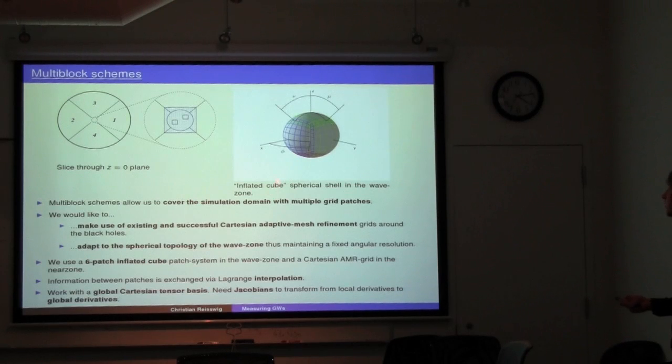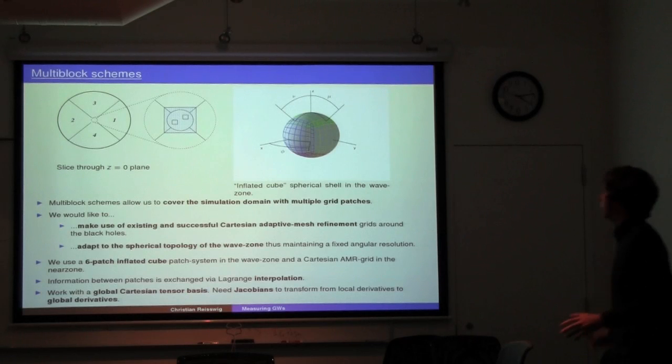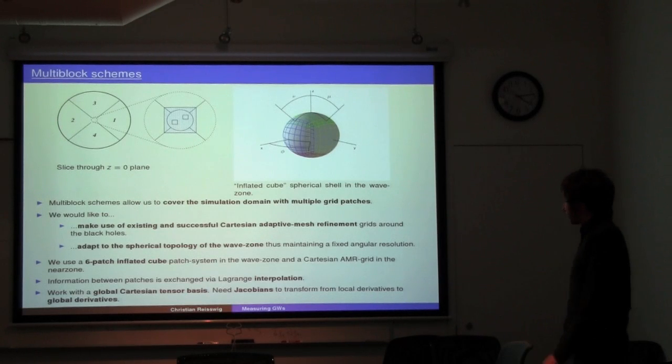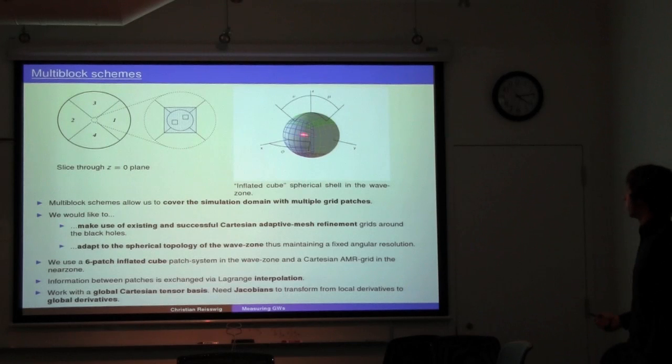So therefore, we rather make use of the so-called 6-patch inflated cube patch system, which also has the advantage that grid points across the sphere have a relatively homogeneous or uniform distribution. And we make use of interpatch interpolation in order to communicate the data between these patches.